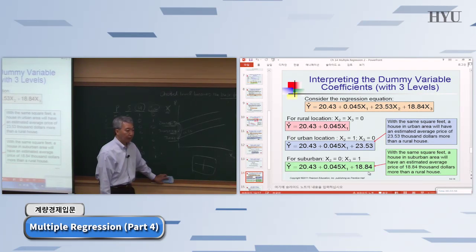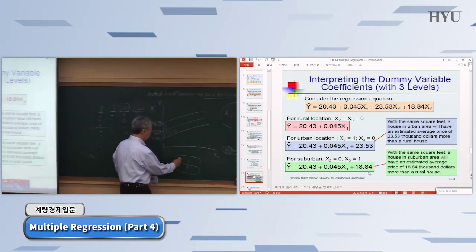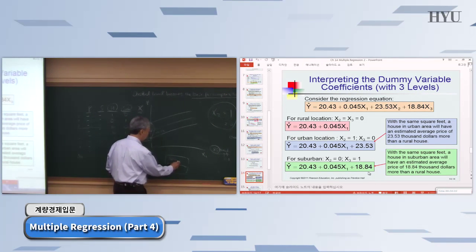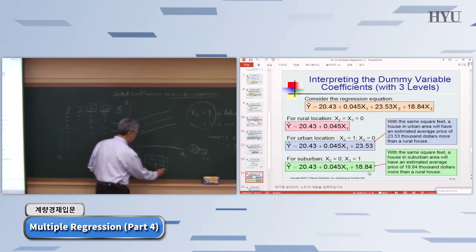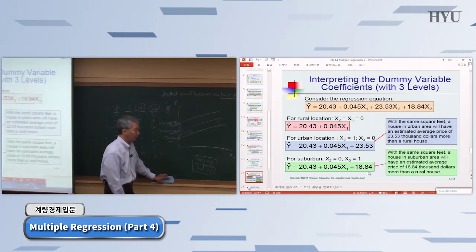I usually create 4 regions: northwest, northeast, southeast, southwest. So how many dummy variables do I need to create for region? 3. If you have 4 levels, you omit 1 level and create 3 dummy variables.